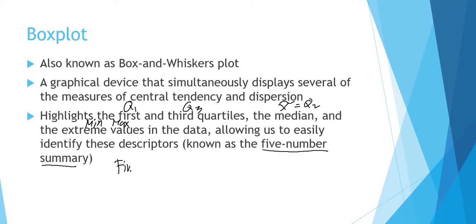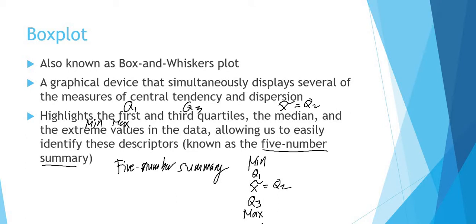So again, the 5-number summary consists of our minimum value, quartile 1, our median, which is our quartile 2, our quartile 3, and our maximum value. So, how are these values highlighted in the box plot?